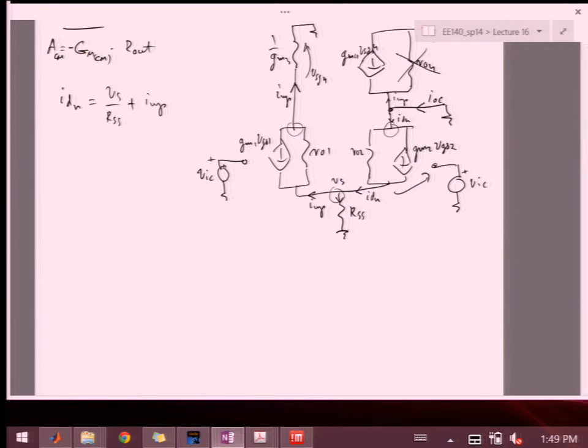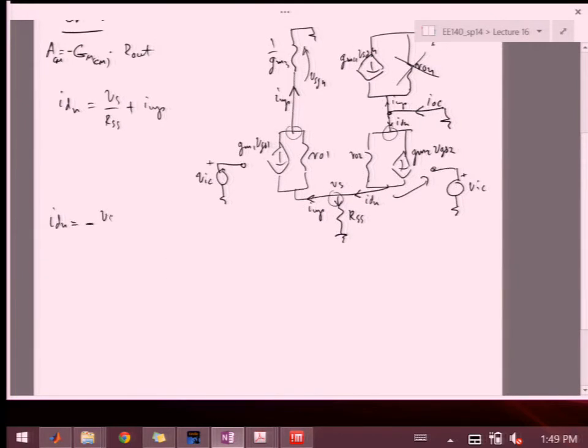So, for example, I down is minus VS over RO2. So we're looking at current in this branch and then this branch over here, plus GM2, this is VIC minus VS, which is VGS.